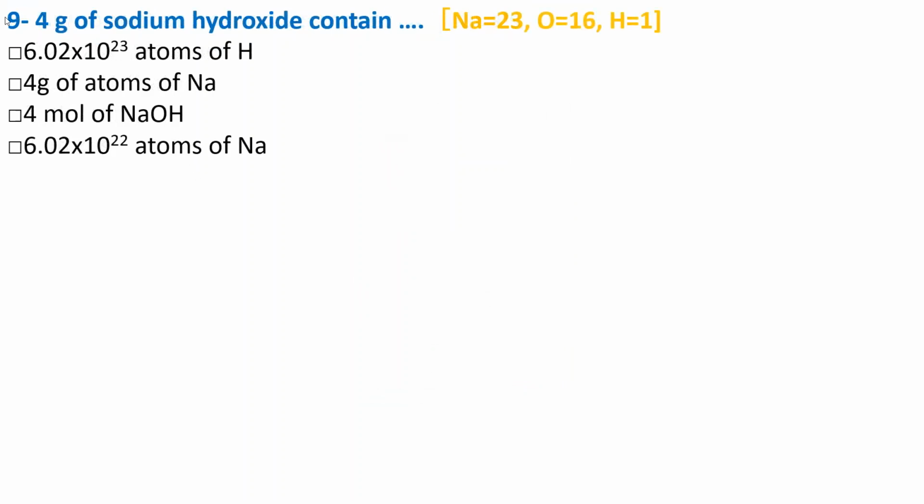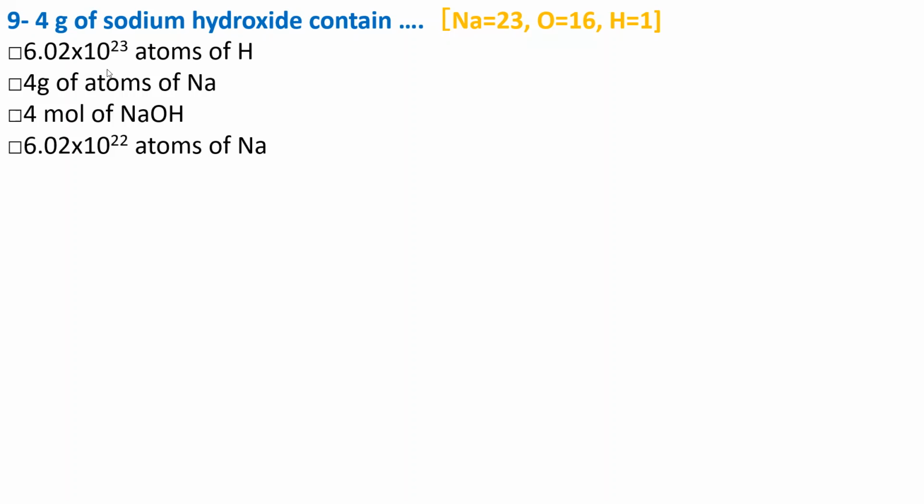Number 9, 4 grams of sodium hydroxide. By calculating the molar mass of sodium hydroxide, it will be equal to 40. So 4 grams equals 0.1, or one tenth, of the mole. So here, there is not a mole, to say that the sodium atoms equal Avogadro's number.